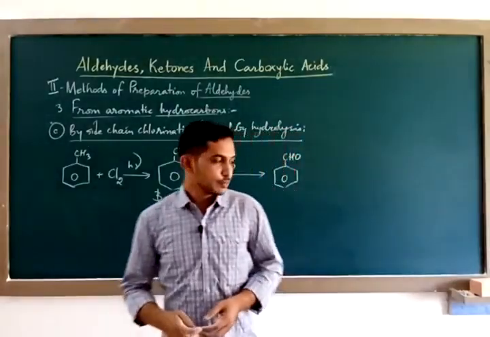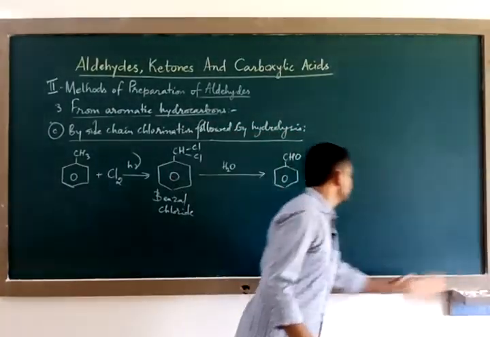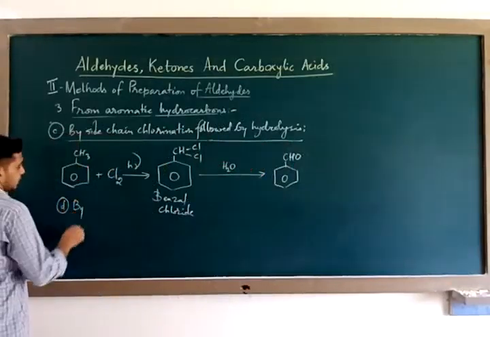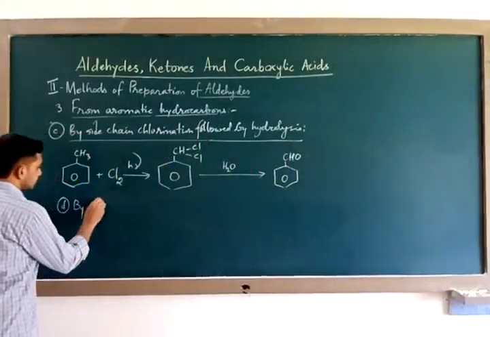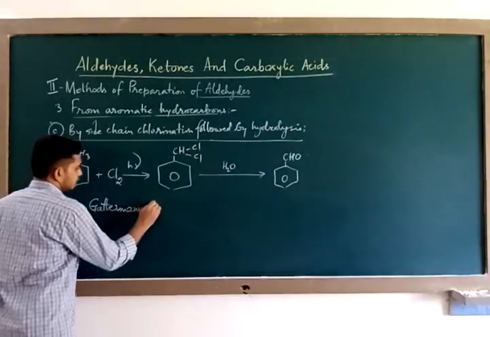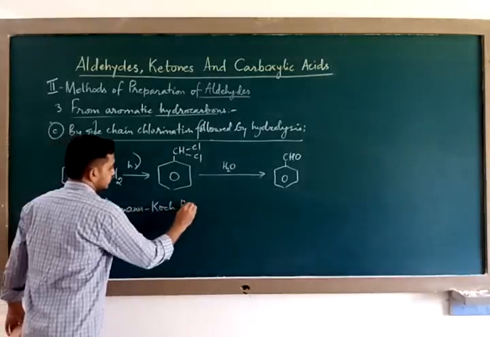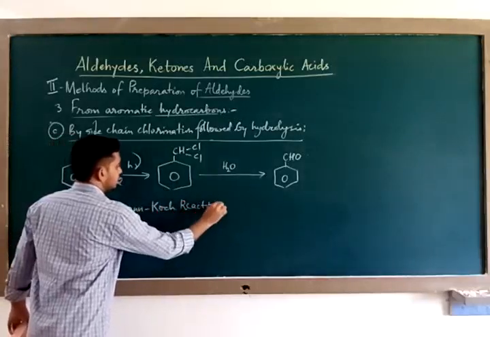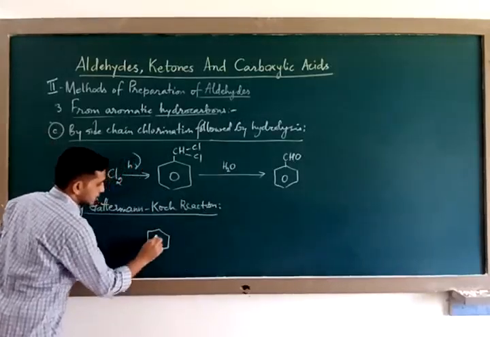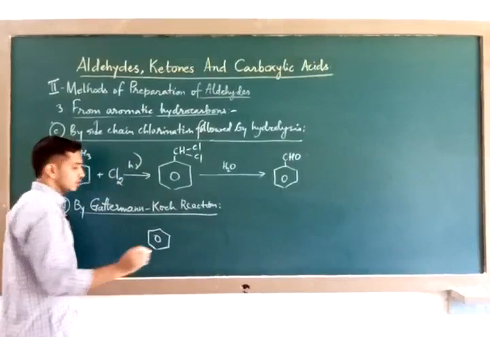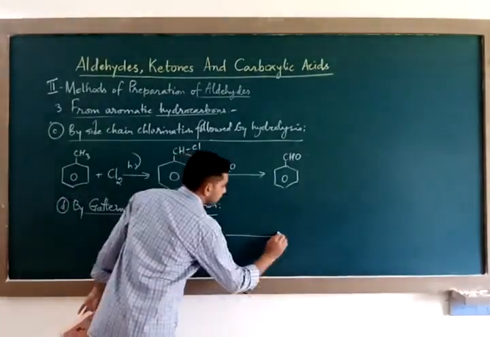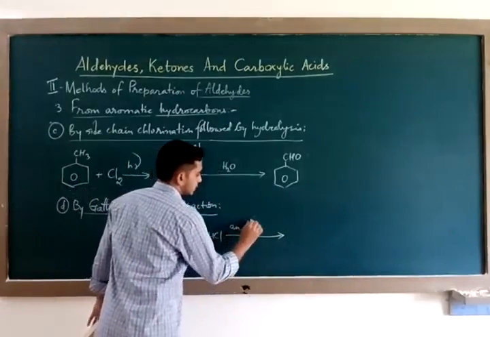Then the fourth method is a named method, the Gattermann-Koch reaction. In this method, you react simply benzene and not toluene with carbon monoxide and HCl in the presence of anhydrous AlCl3.